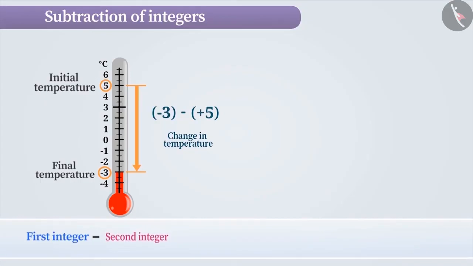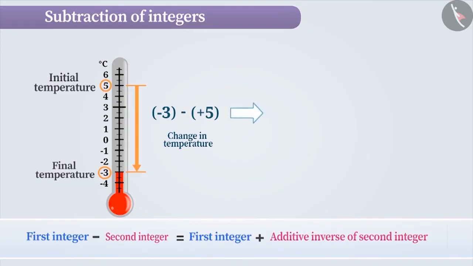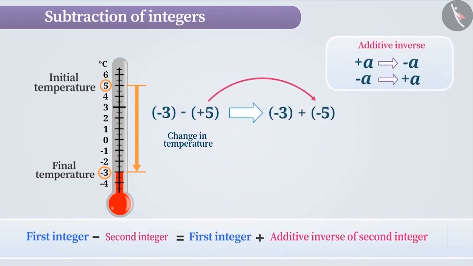In this case, if we want to subtract +5 from -3, then we add to -3 the additive inverse of +5. That is, we add -5. And we've already learned how to add integers. Here, the addition of -3 + -5 is -8.